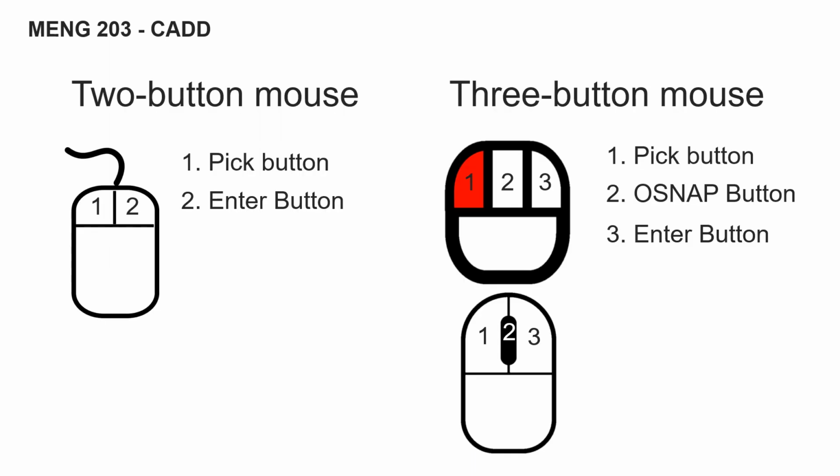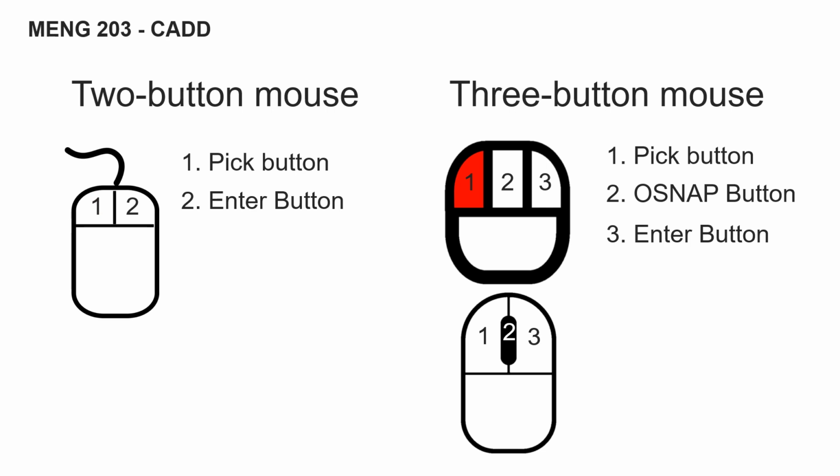Okay, so in using AutoCAD, we are required to use a mouse when accessing the software. There are two types of mouse. We have the two-button mouse and then the three-button mouse. In the two-button mouse, there are two parts. One, or left click, is for the pick button.